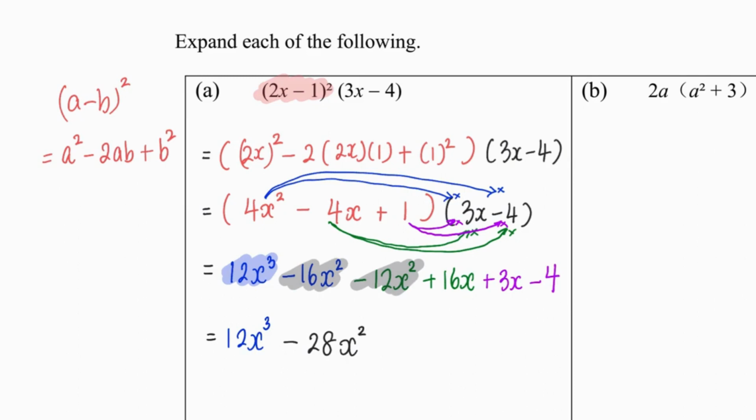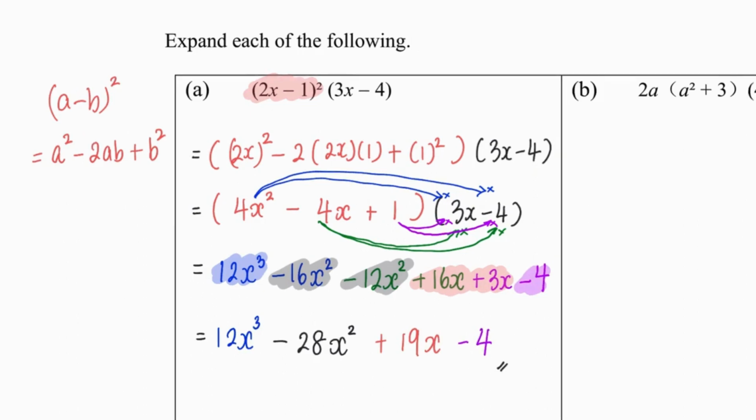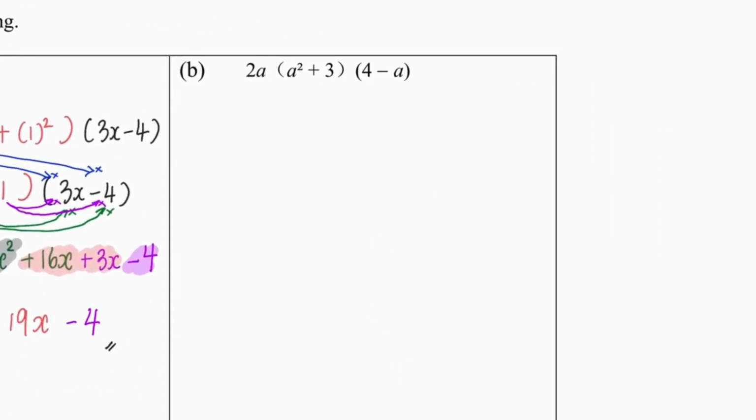I also see a 16x plus 3x, 19x, and of course we still have a negative 4 at the back. And that will be the answer for this example.